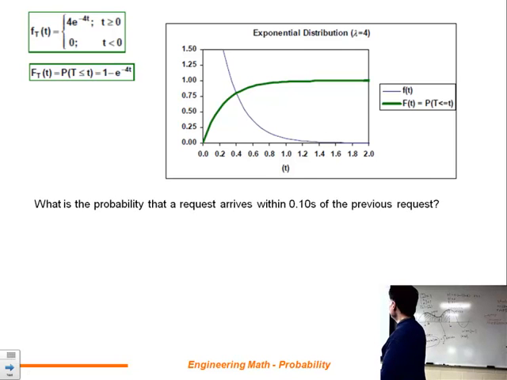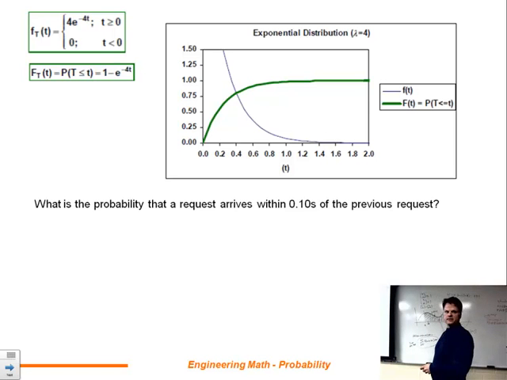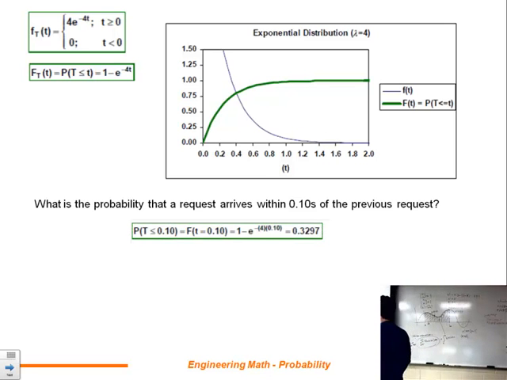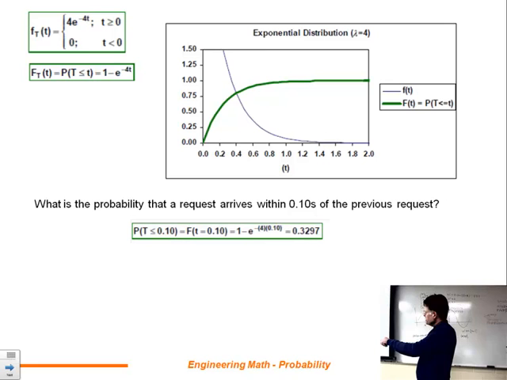What is the probability that a request arrives within 1/10 of a second from the previous request? So start your stopwatch at the previous request time and wait for 1/10 of a second, and the probability that the request comes in within 1/10 of a second is the cumulative function where you plug in t as 0.1.